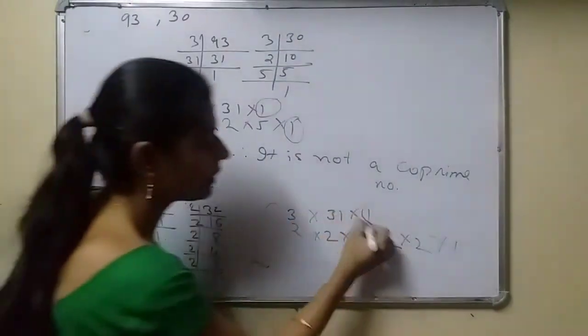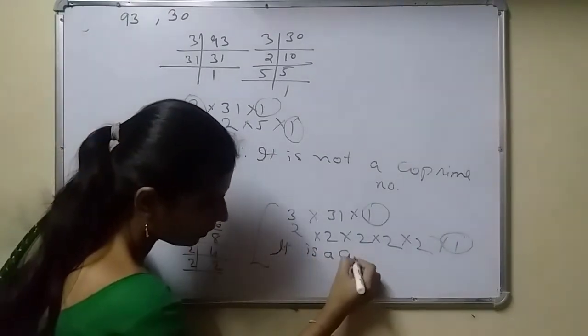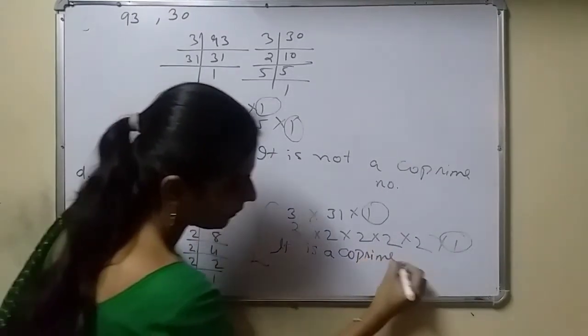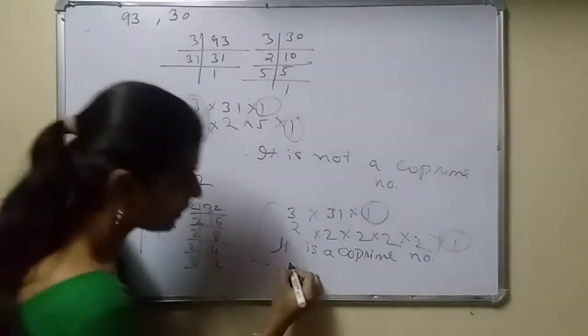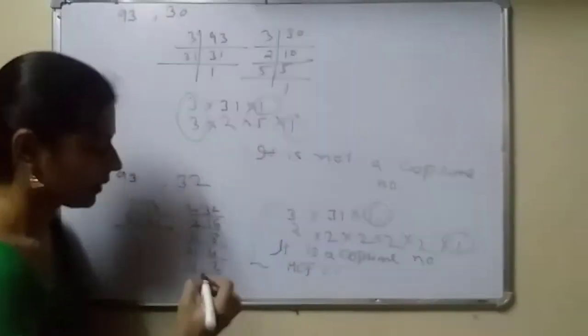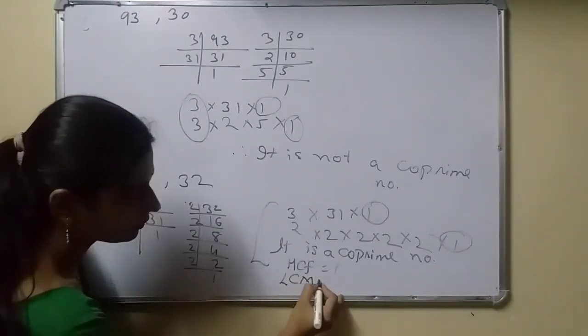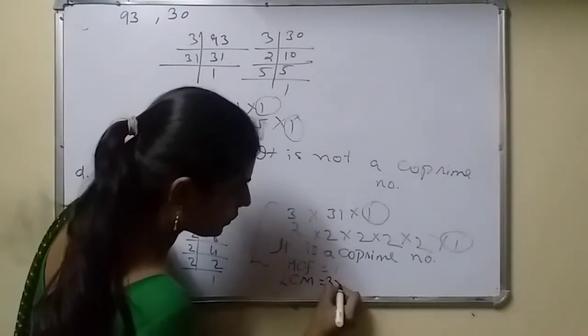See here only 1 is the common factor. So it is a co-prime number. Now what is the HCF of this? Only one number is common here, so HCF is equal to 1.